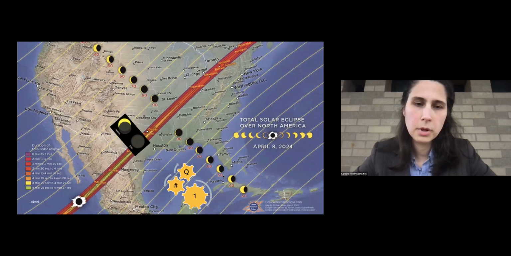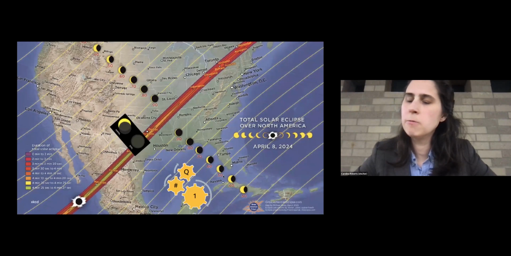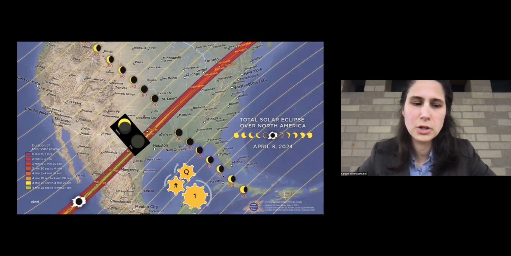There will be plenty of people on April 8th who aren't in the path of the moon's shadow. So fill this out. We'll finish it up in just a couple seconds. I would say vote where you'll be on April 8th. Maybe you are going to experience a partial solar eclipse in your hometown, but you're planning to travel to the path of totality. It's up to you, but I would say vote total solar eclipse if that's your situation.